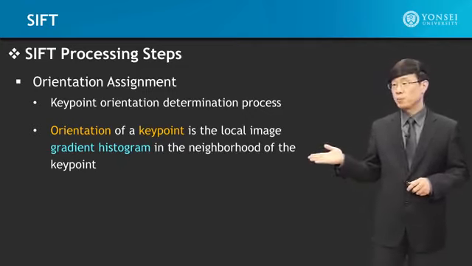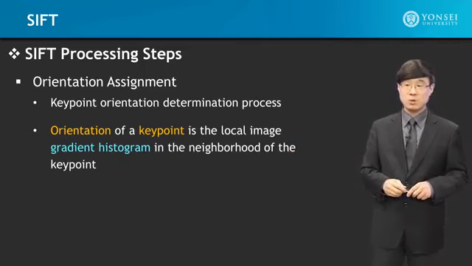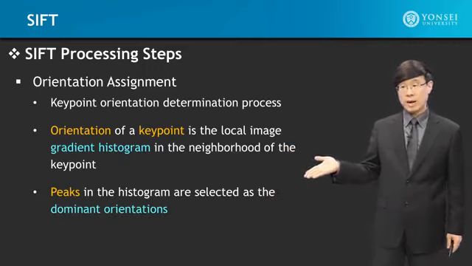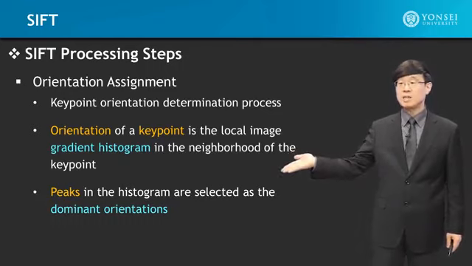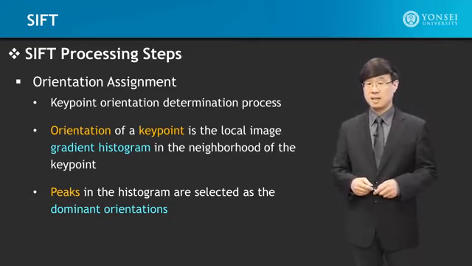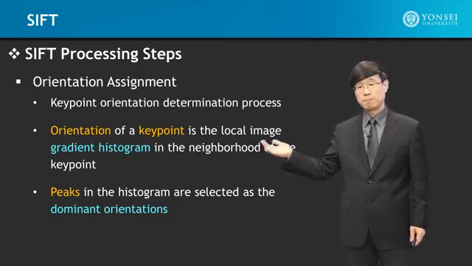So therefore, looking into this, we can find the orientation of a key point based upon gradient histogram techniques, in which the peaks in the gradient histogram are selected as the dominant orientations because that's where the most changes are detected.